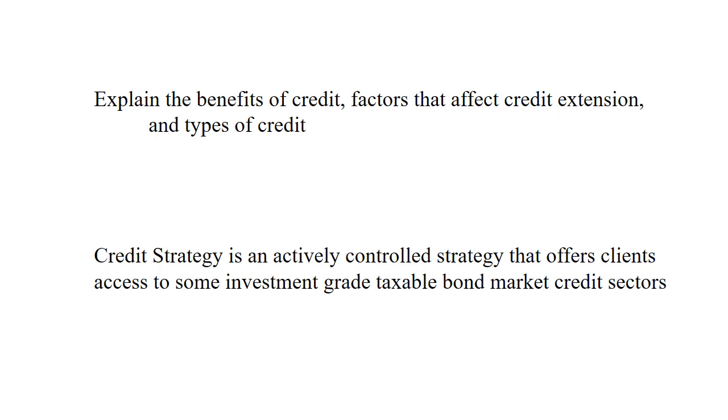Types of credit strategy: we have the conservative, the moderate, and the liberal. The conservative policy is a low-risk strategy that restricts credit to only customers with good credit background.